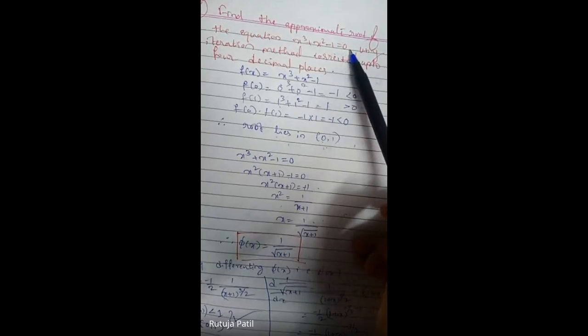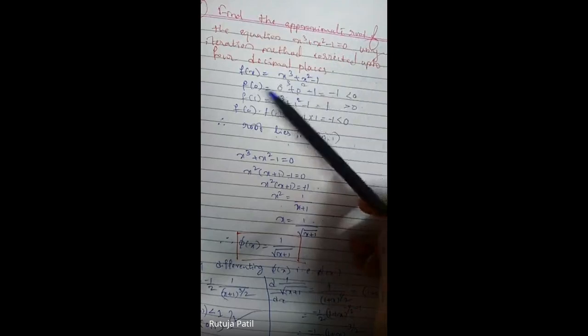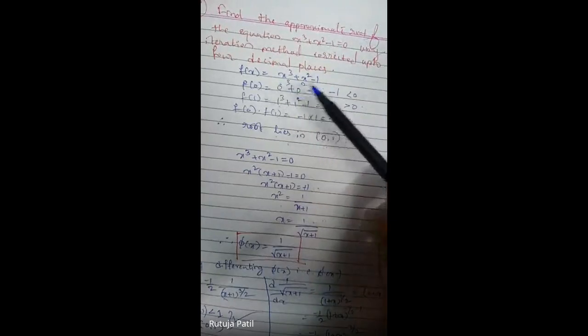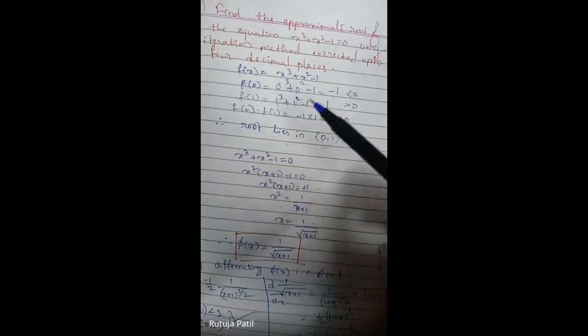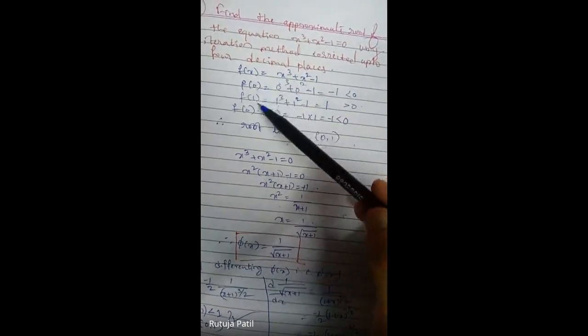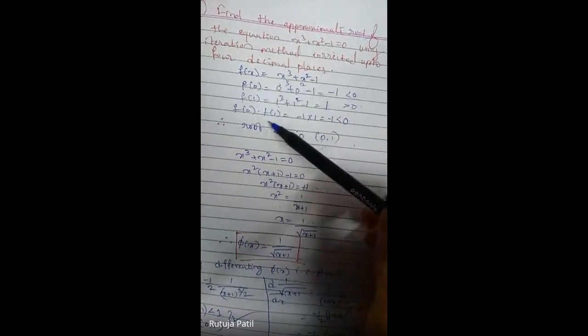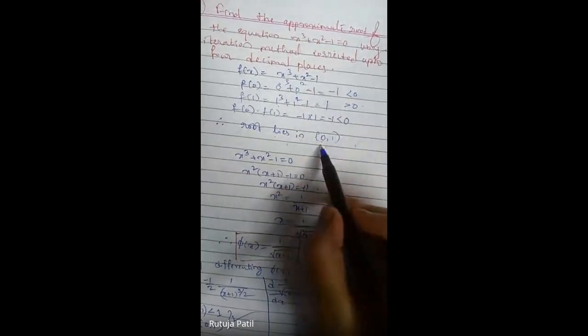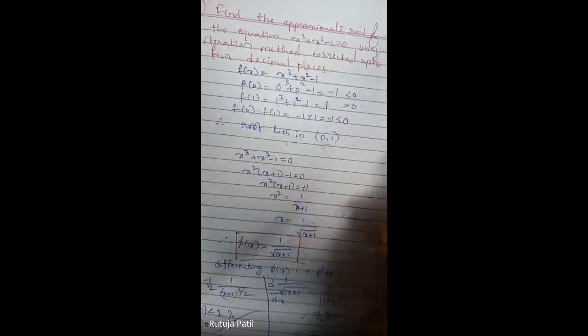No, they have not given, right? So if not given, then we need to find the interval values. After finding the interval values, what we have got here is 0 and 1. Since when I substituted this 0 and 1, it satisfied the condition, I can say the root lies in 0 comma 1.